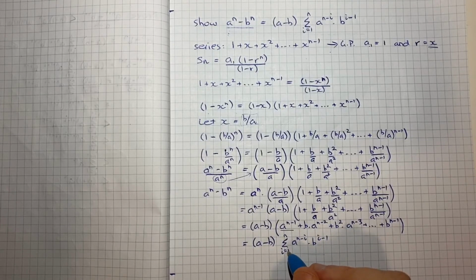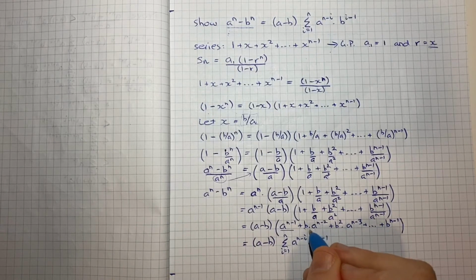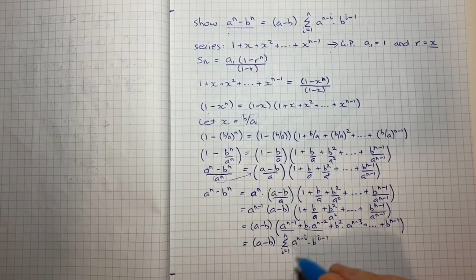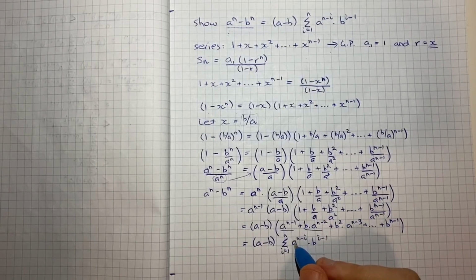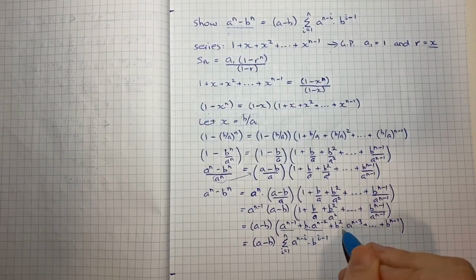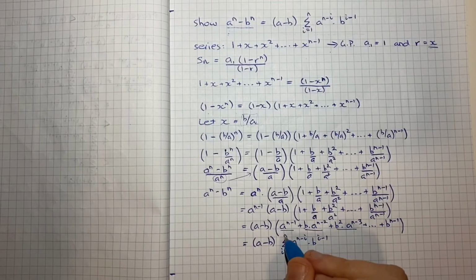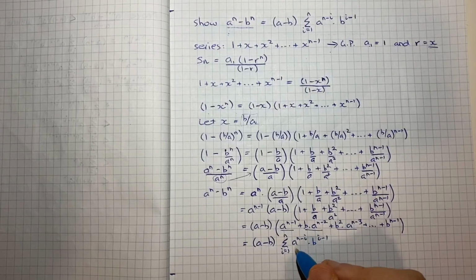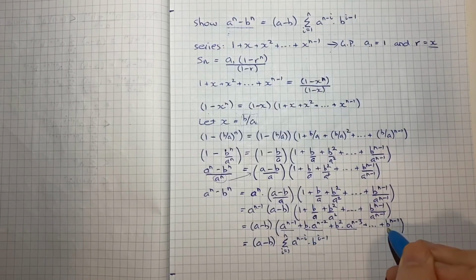When i is equal to 2, we get a^(n-2) times b^(2-1), which is b times a^(n-2). When i is equal to 3, we get a^(n-3) b squared, all the way up to i is equal to n, a^(n-n), or a^0, or 1, times b^(n-1).